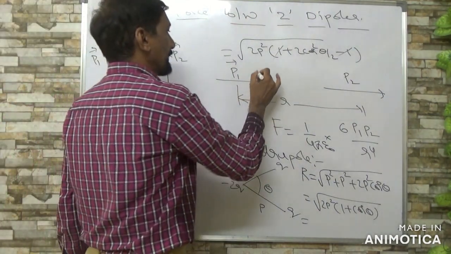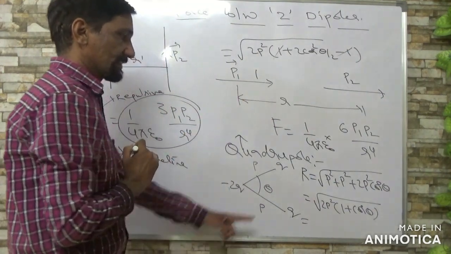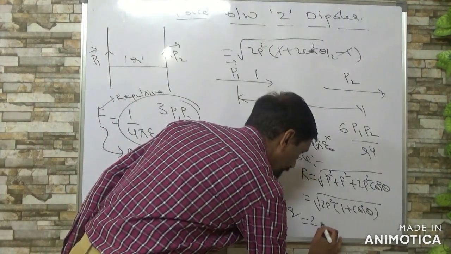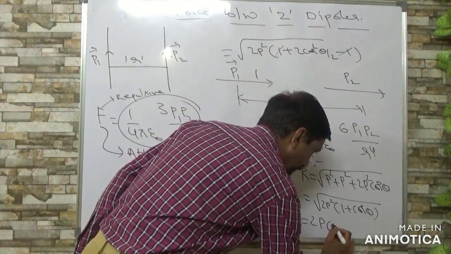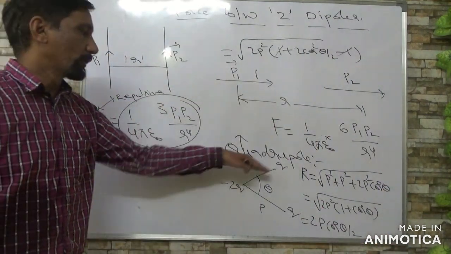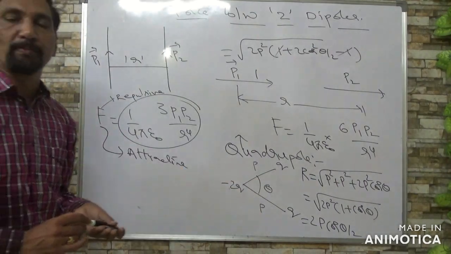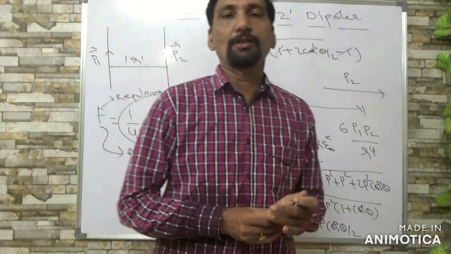So resultant dipole moment in this case is 2p cos theta by 2. So whenever two identical dipoles are inclined at an angle theta, the resultant dipole moment is given by 2p cos theta by 2.